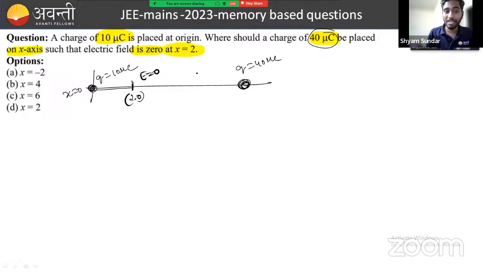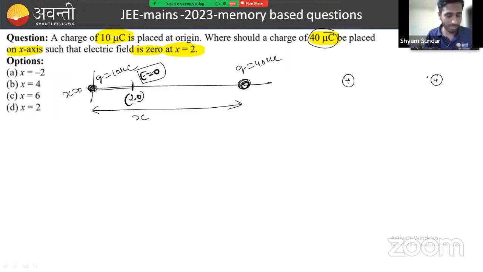So the combination should make the electric field intensity here 0. I don't know this distance, so I will call it x. We know one property: this is a positive charge and this is also a positive charge.